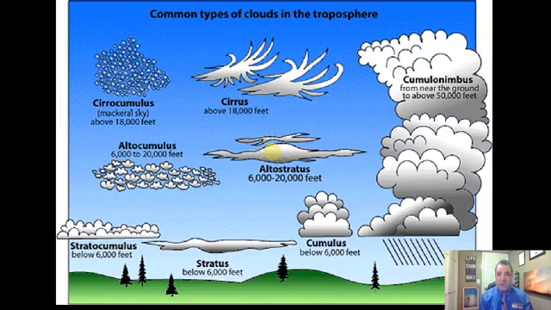So basically, we've got different clouds that range from low-level clouds, like what we consider to be stratus clouds, all the way up to some of my favorite, known as cumulonimbus clouds, and those are the ones that produce thunderstorms.